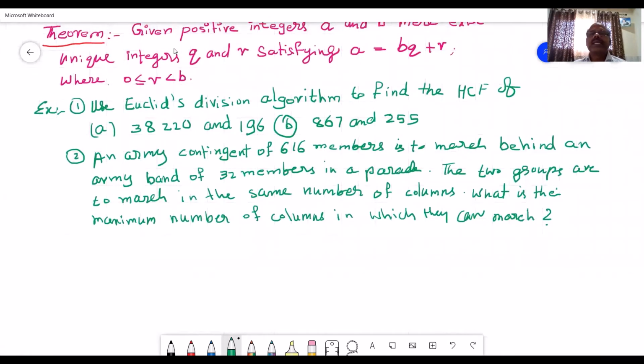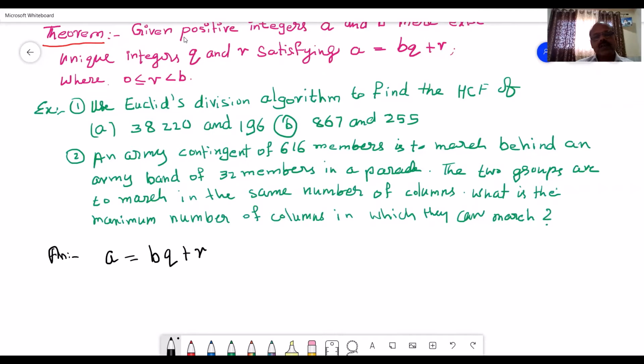Okay, the theorem is saying a = bq + r. First we have to define it. What does this represent? What does a represent, what does b represent, what does q represent, and what does r represent?